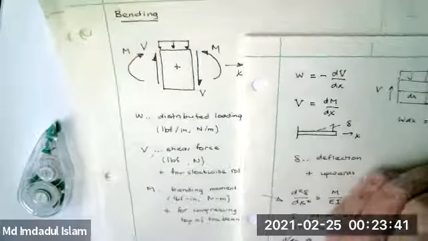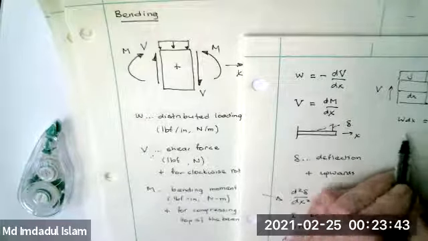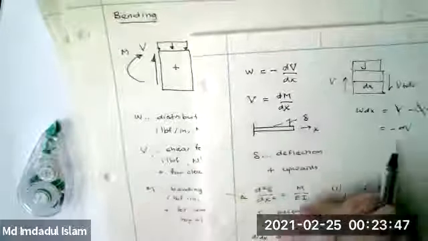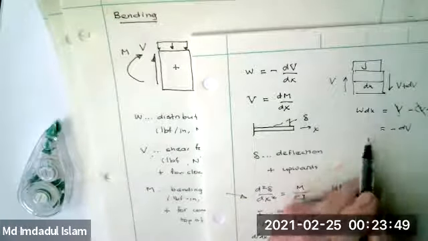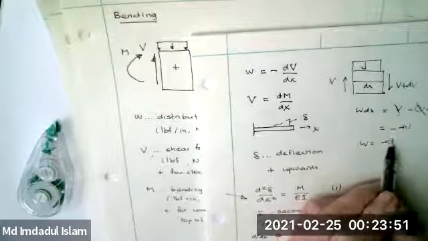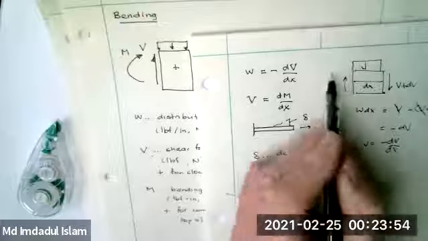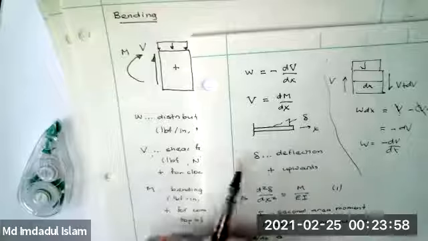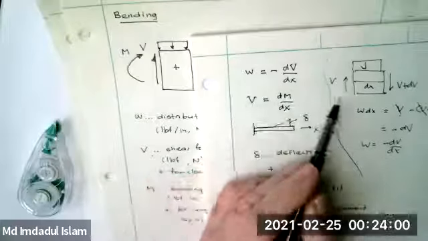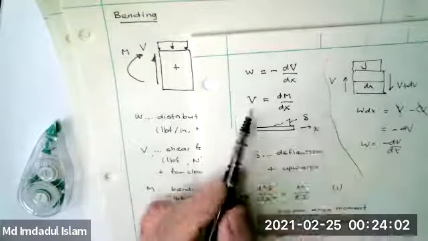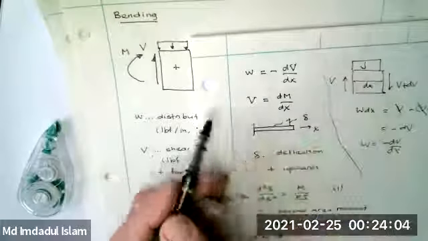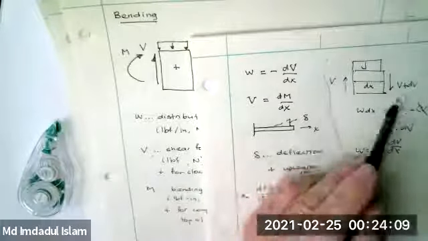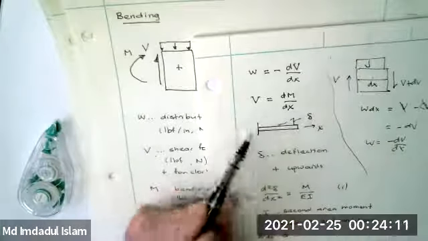Okay, these V's cancel, and you get minus dV. And so w dx equals minus dV. This is stuff I'm sure you had some time ago in mechanics of materials. And you can do the same thing here. You have M vary from M to M plus dM, and you take moments about the center, and you get V times dx upon 2 plus V times dx upon 2 equals dM. You get this. Okay? That's where they come from.